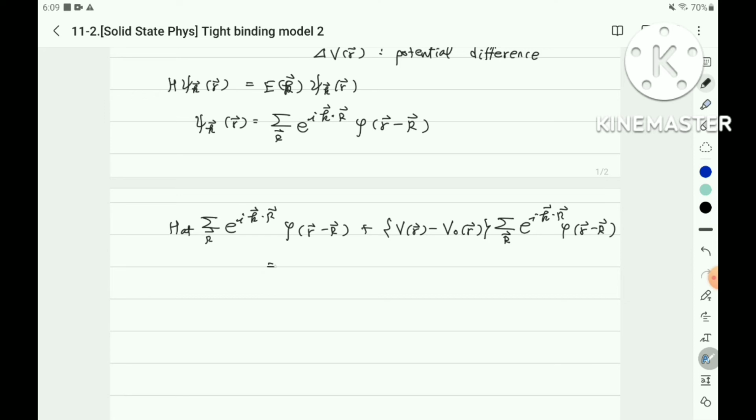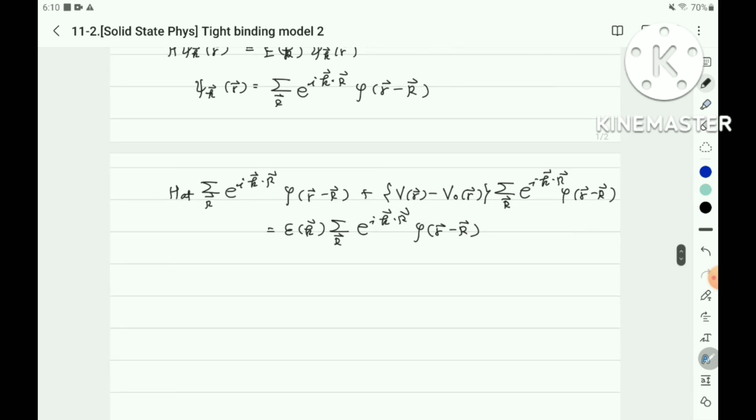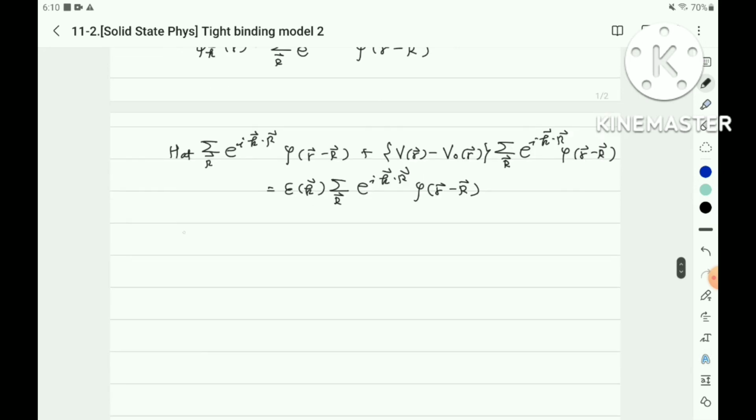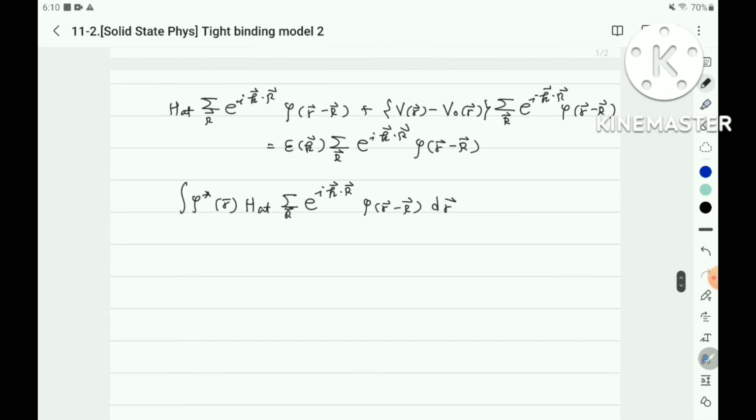It is a direct substitution. To calculate the expectation value, let's integrate with the complex conjugate phi star(r) times the atomic Hamiltonian times the summation over R of exponential i k dot R phi(r minus R) dr. This is the first term.